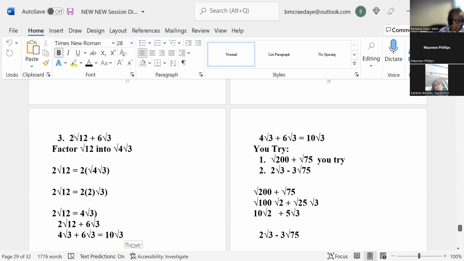So now I have 2 times the square root of 12 is 4 times the square root of 3. And I have a 6 times the square root of 3. So I can combine those coefficients, the 4 on the square root of 3 and the 6 on the square root of 3, and get an answer of 10 times the square root of 3.